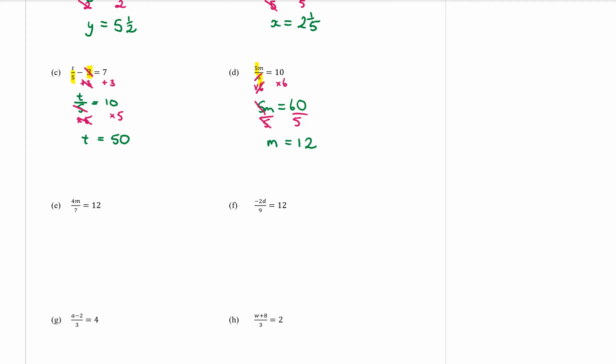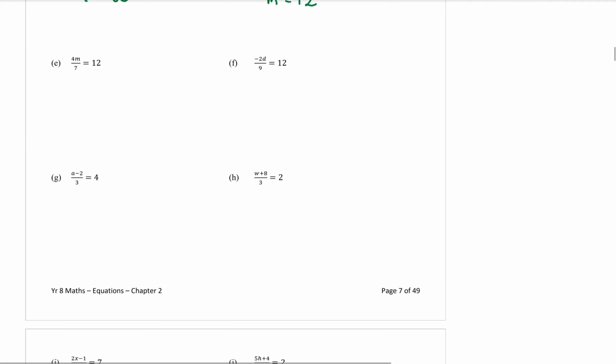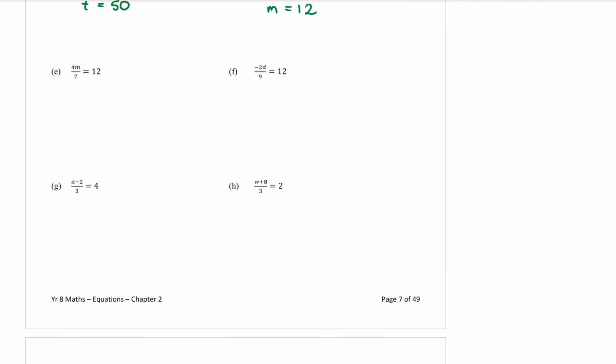Okay, so it gets really repetitive, just lots and lots of practice. Let's go down to E. We have 4 multiplied with the m, and that is all divided by 7. So let's get rid of that 7 first by multiplying by 7. Okay, so now the 4m is by itself.